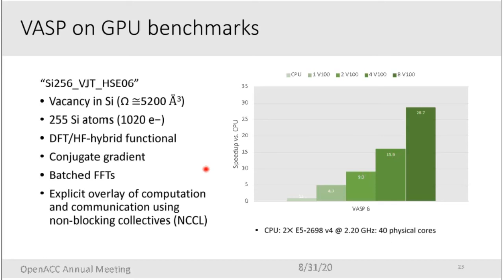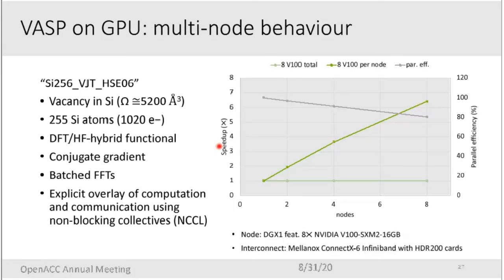So we have done the same for the multi-node jobs. And basically you see how well communication remains hidden in this line here below. Because this line here below is the line where we have 8 V100s, so 8 GPUs in total.